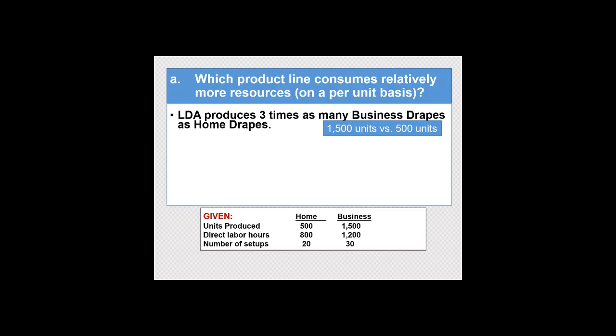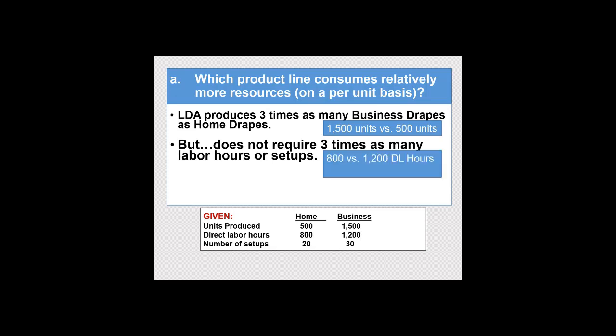But also notice the activity. The business line does not require 3 times the resources. If you look at labor hours, 1,200 are needed for the business line, but only 800 for the home line. 20 setups are needed for the home line and 30 setups are needed for the business line.